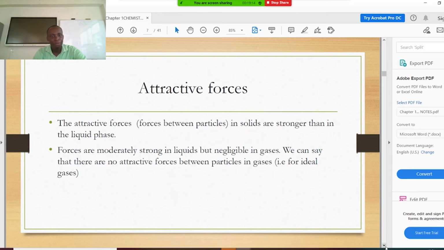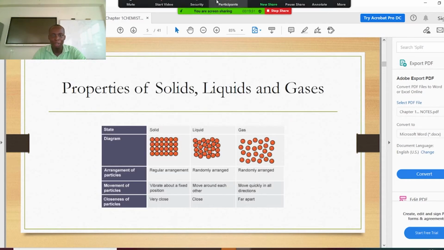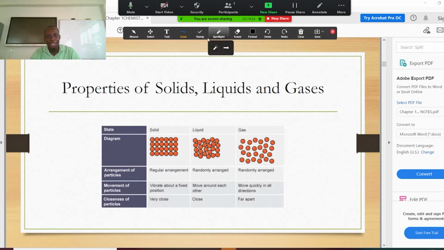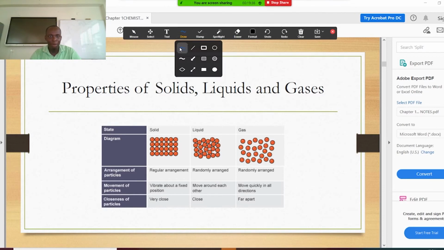Now, there is a relationship or a link between the kinetic energy of particles and the attractive forces holding these particles. What do I mean by attractive forces holding these particles? If you take water, water consists of water molecules.